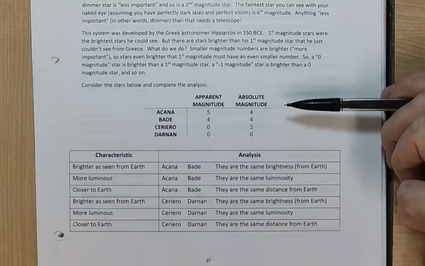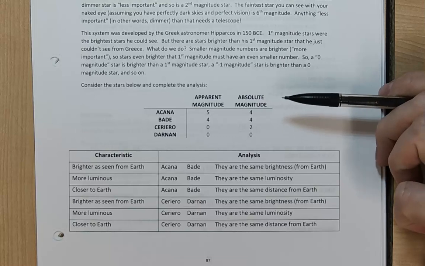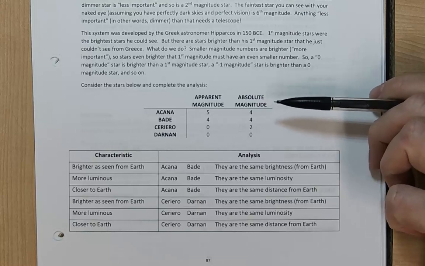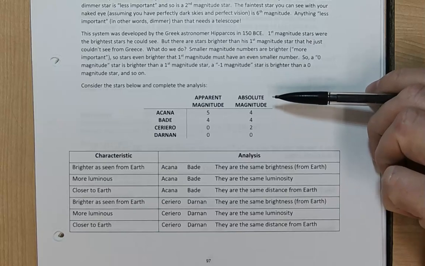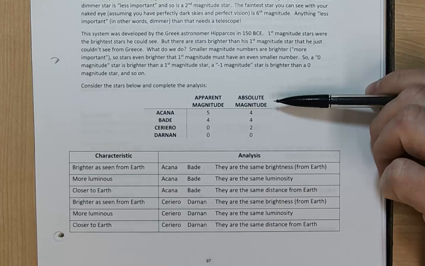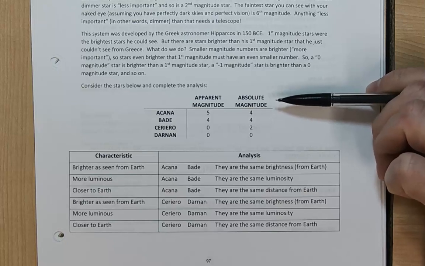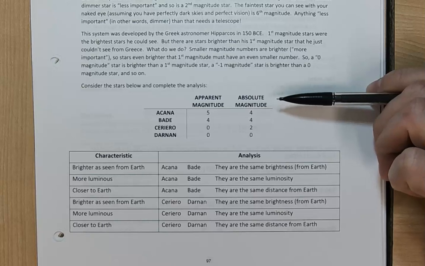The absolute magnitude is how bright the star would look if it were 10 parsecs away, right? So not how bright it looks on Earth, because some stars are farther away, some stars are closer, but if the star were a fixed 10 parsecs away, then how bright would it look?